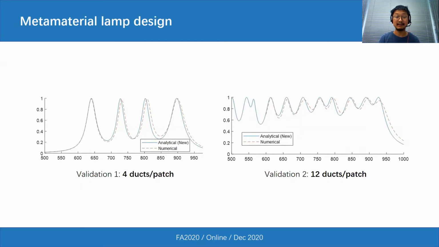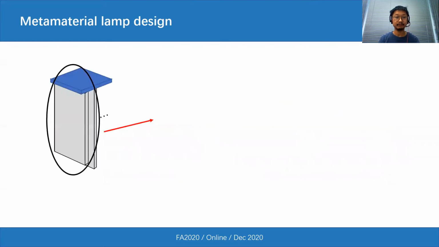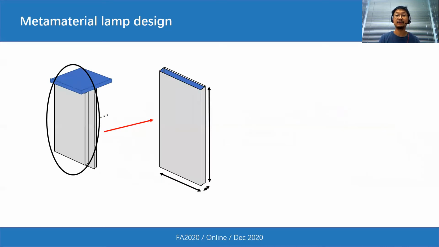As can be seen, for both cases, a very good match is found between the simulation and the analytical model. So this means we have fair confidence in our analytical model. Next, an optimization is conducted based on the analytical model to maximize the absorption coefficient within 500 Hz to 1000 Hz.